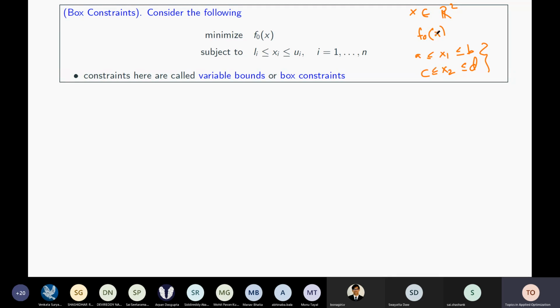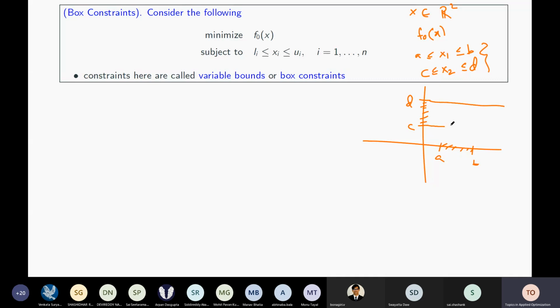The components of x have constraints, and these are a box, because if I see R2, let us say this is my a, this is my b, this is my c, and this is my d, then the first component of x has a restriction to lie here, and the second component of x, which is x2, lies here, right?